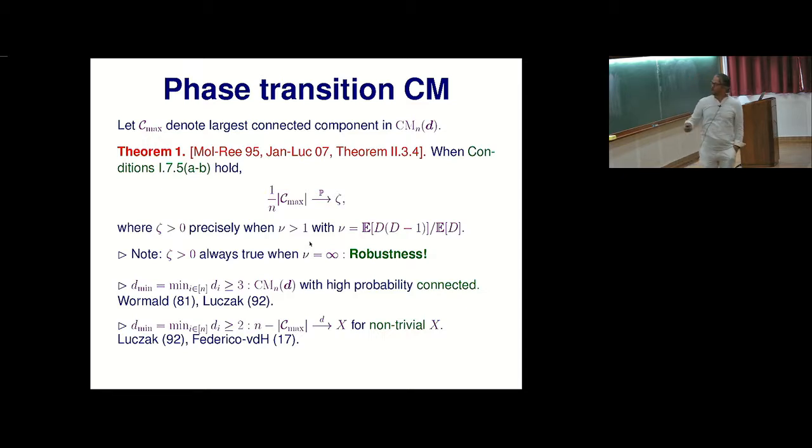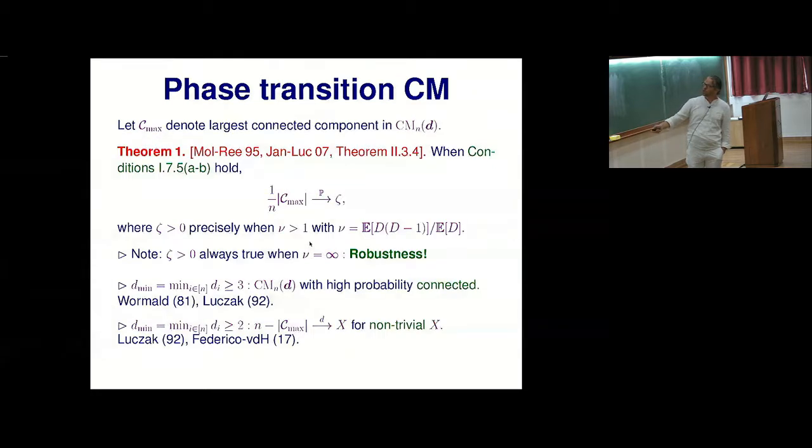It's also possible that this configuration model is actually completely connected. This is, again, not going to be true for the generalized random graph. This occurs with high probability when the minimum degree is at least 3, and it occurs with strictly positive probability when the minimum degree is at least 2.